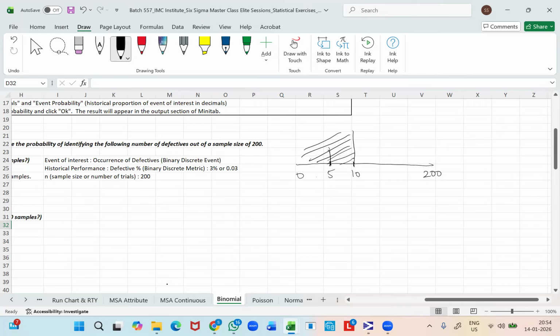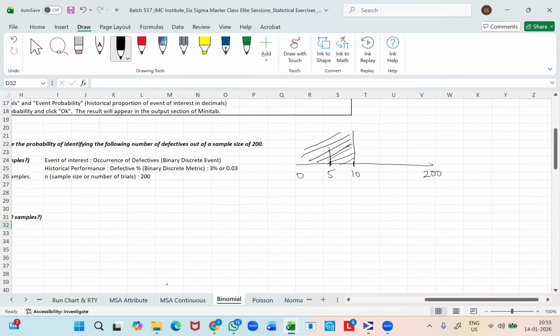So we need to estimate the probability pertaining to the area to the left of 10. In terms of probability notation, how can I write this? In the first scenario, when we obtained the probability of getting exactly 5 defectives out of 200 samples, I wrote the notation as P of X equal to 5.